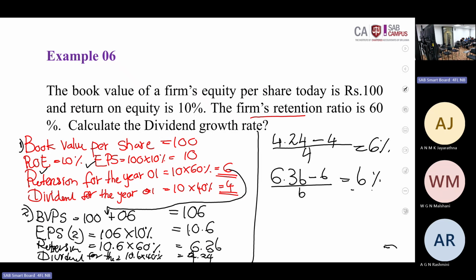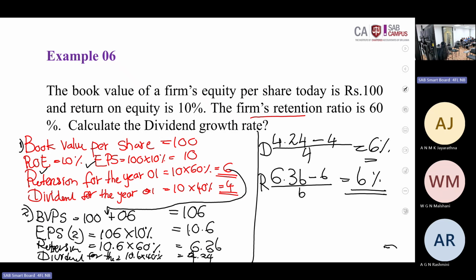You can see here, right? If retention ratios and then the EPS, ROE are not changing, this is dividend, and this is retention. Dividend growth equals to retention ratio. We can just calculate the dividend growth by comparing the two numbers.